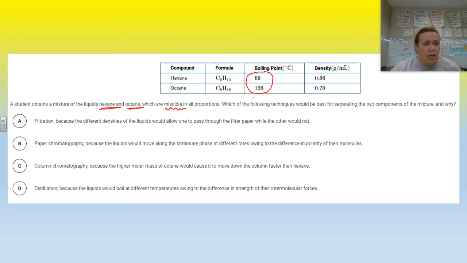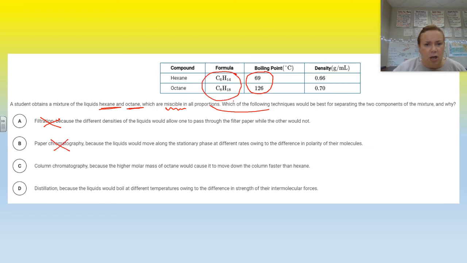So we want to think about how we can use that boiling point. Well, first off, filtration is not going to work because neither one is a solid. They're both liquid. Paper chromatography, using the polarity of their molecules, is not really going to work because look at the formulas here.